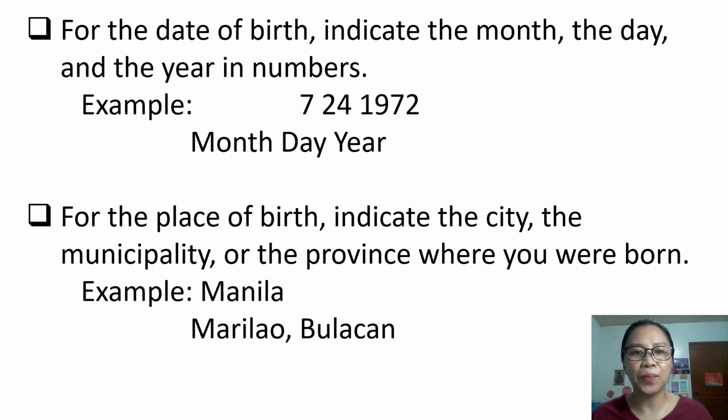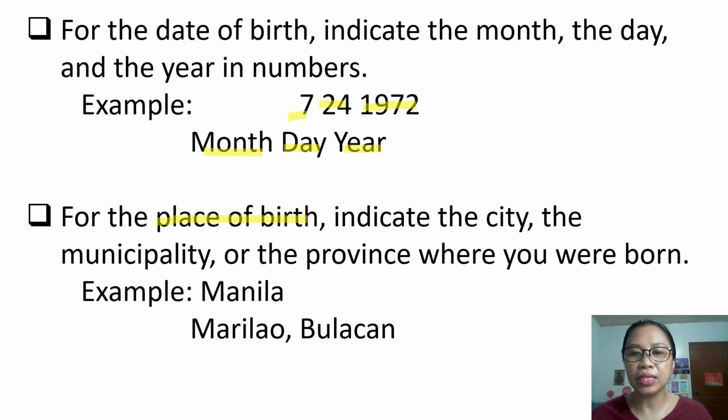For example, 7 for the month of July, 24 for the day you were born, 1972 for the year you were born. And aside from the birthday, you have to also indicate the place of birth.